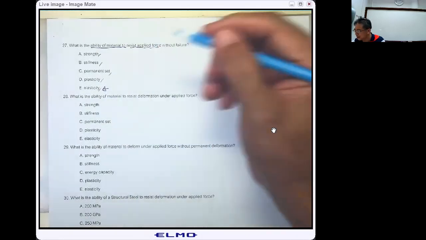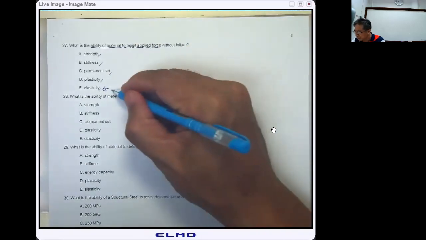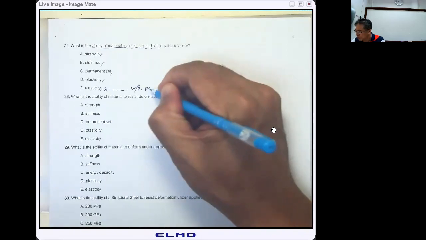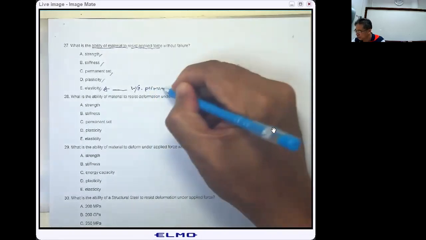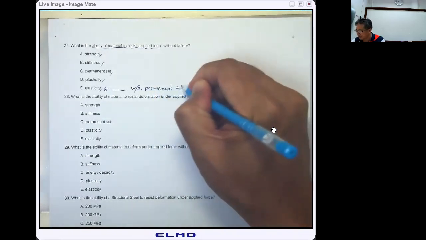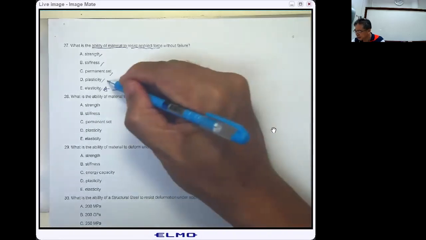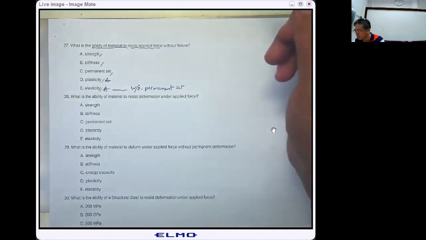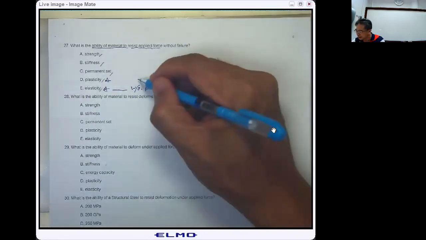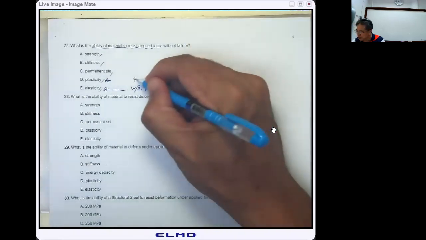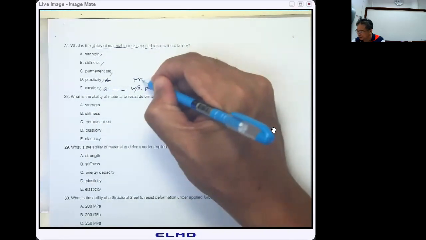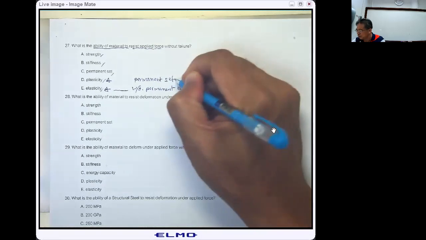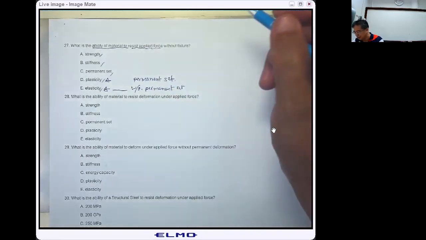Elasticity is the ability of the material that can deform without permanent set. Okay. Plasticity is the mechanical property of the material that may have the permanent set before the failure of the material.